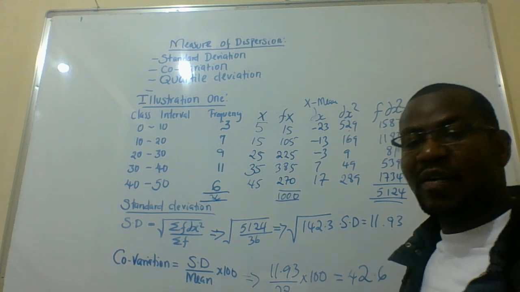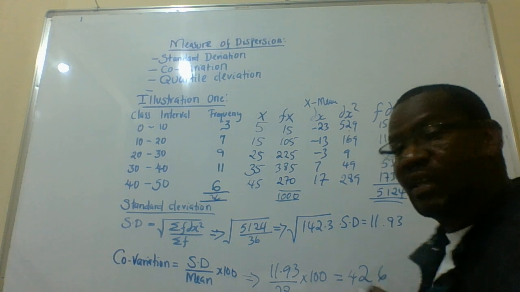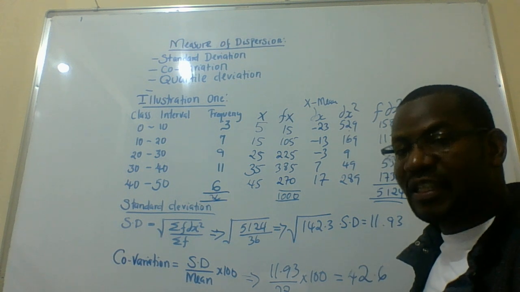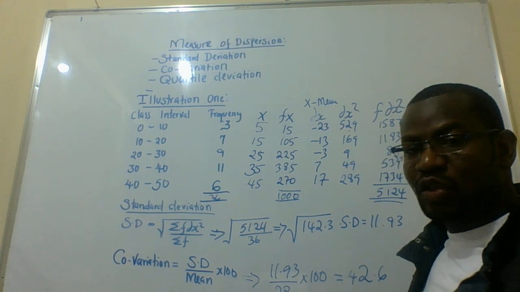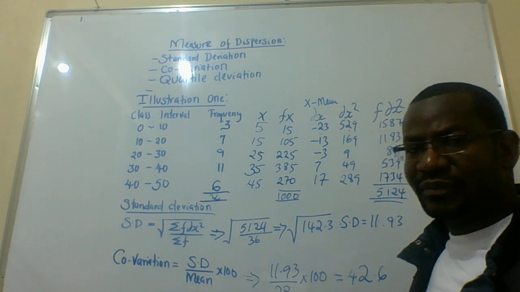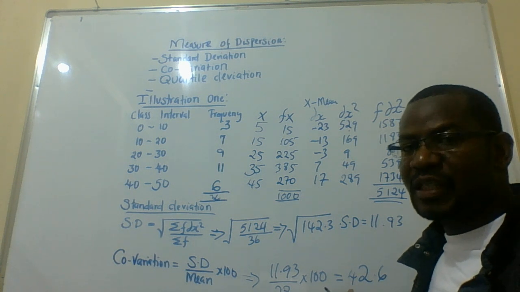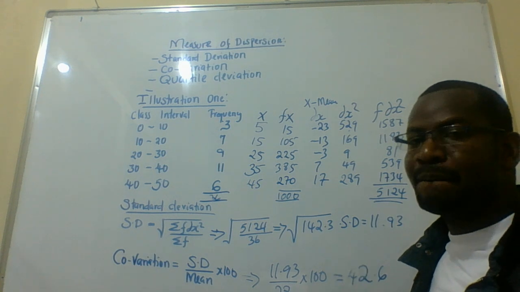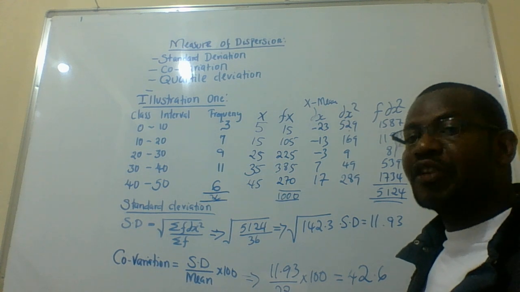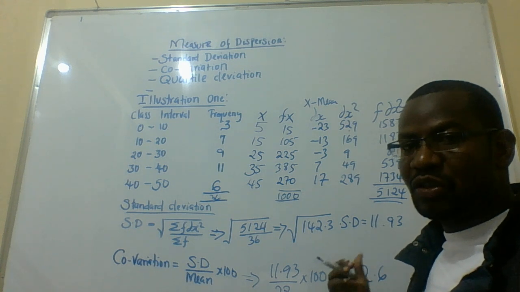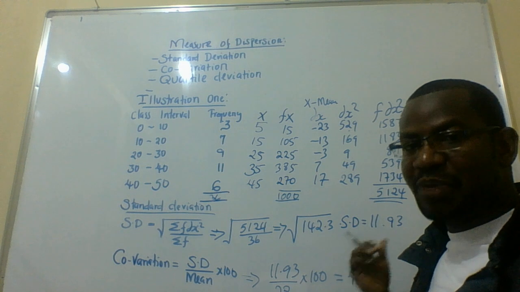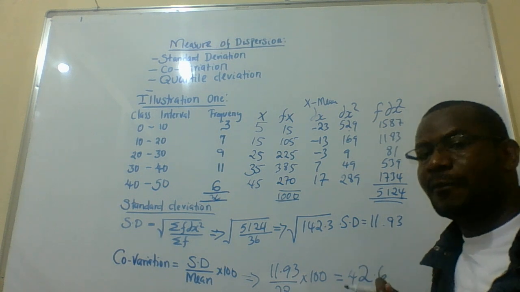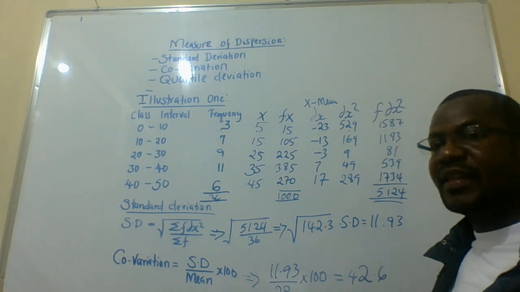Therefore, our coefficient of variation is 42.6. This one shows there's greater disparity between the mean and the other items.